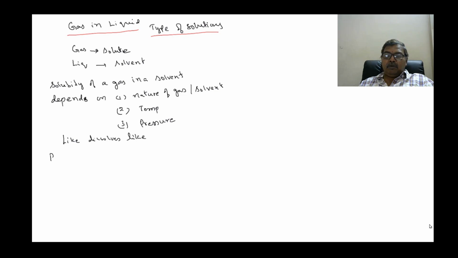So polar gases are soluble in polar solvents like water.